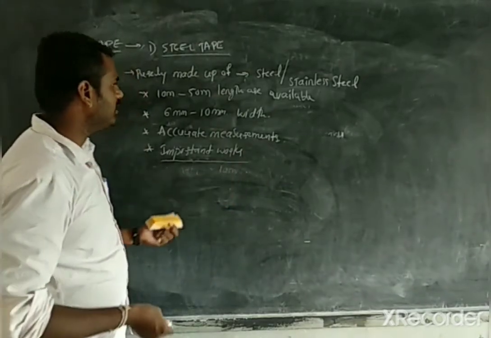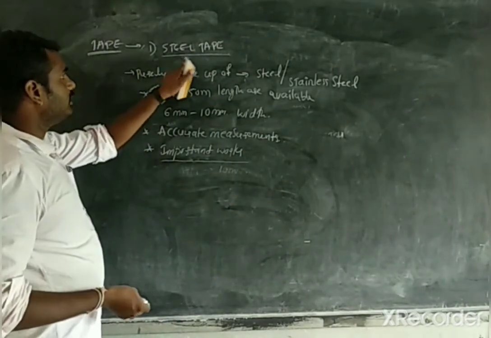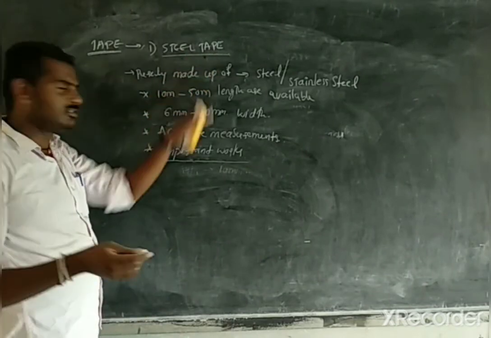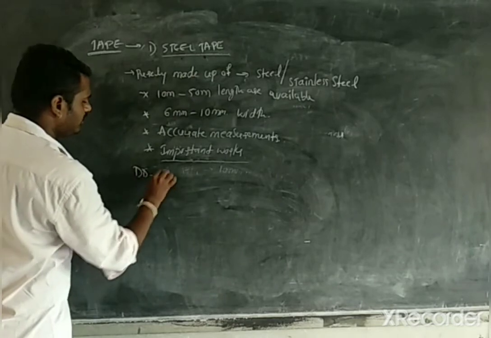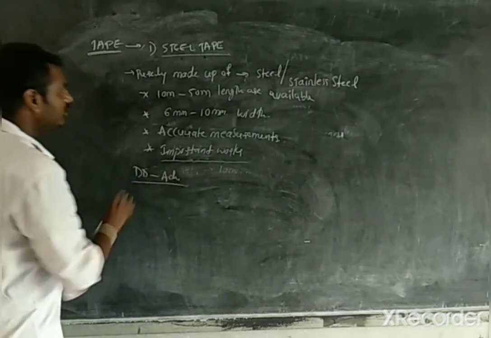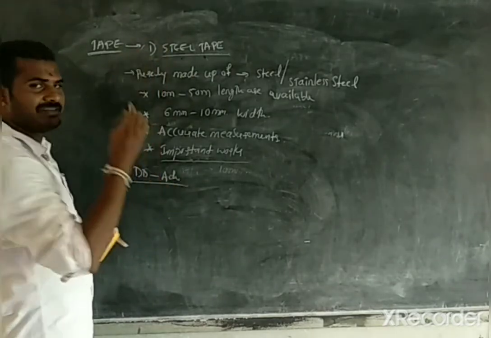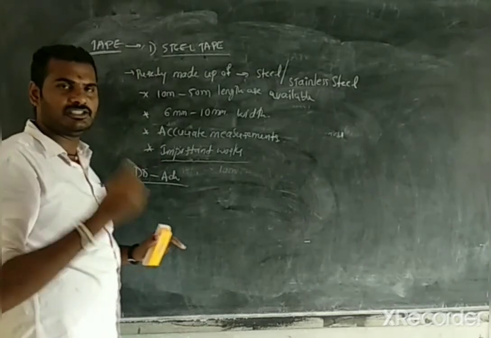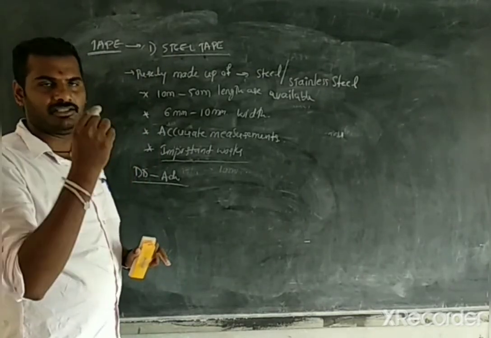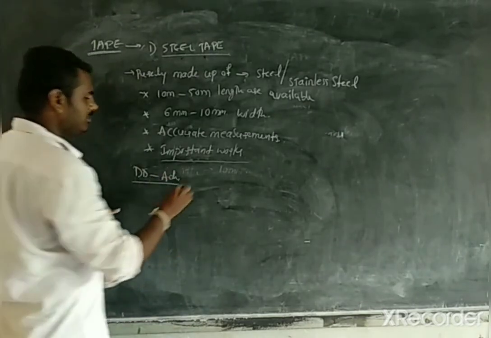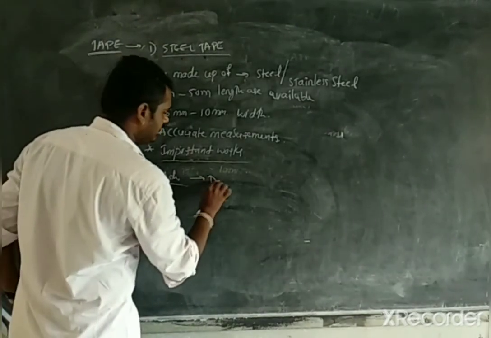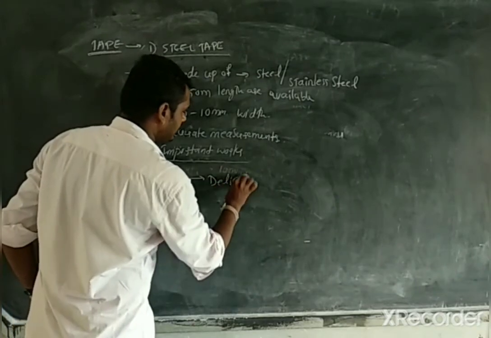But here, we have some disadvantages. When we come to the steel tape, the disadvantage is that it is really very thin, maybe 0.3 to 0.6 mm thickness. Because of this, you need to remember that it is really very delicate.